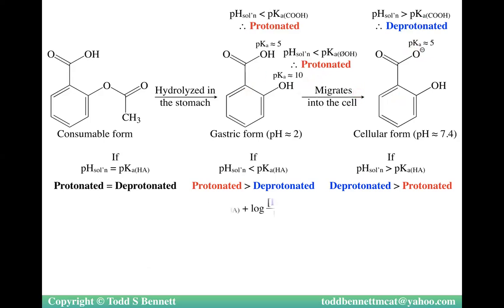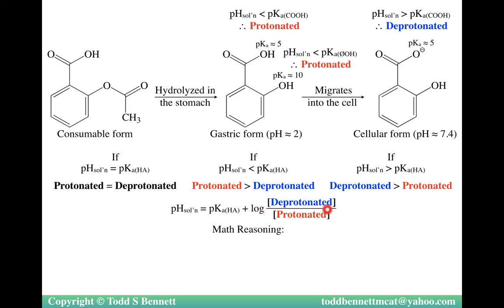Okay, the mathematical perspective. The Henderson-Hasselbalch equation is, again, pH equals pKa plus log of A minus over HA. A minus is the deprotonated form of the base. HA is the protonated form. So math reasoning is this. If the pH is less than the pKa, then this is a small number equals a large number plus a negative number.